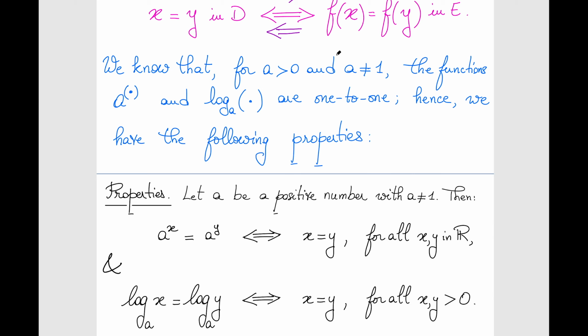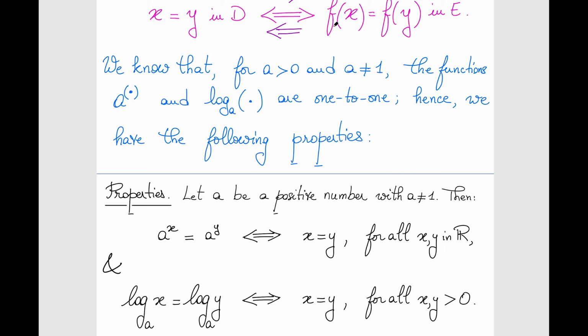So that becomes a to the x equals a to the y if you take the function f to be the exponential function with base a. And if these are the same, then x and y are the same in the domain of the exponential function. And what's the domain of the exponential function? It's all real numbers.